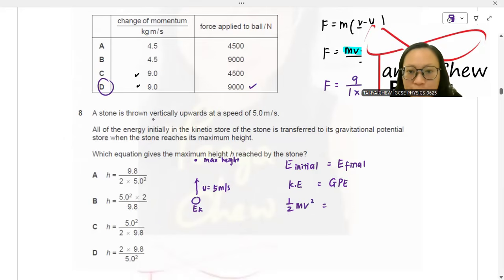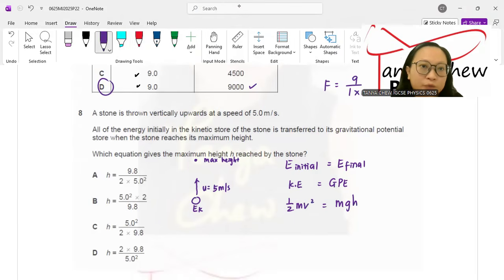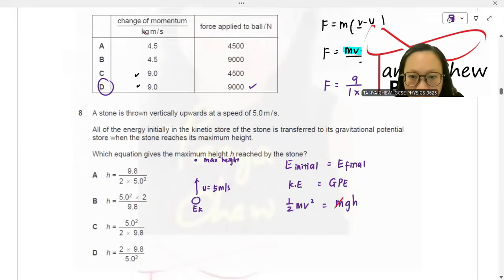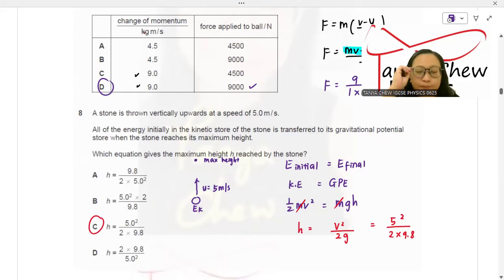Gravitational potential energy at maximum height is mgh. Could you see that you don't really need the mass of the ball? So m and m, you can just cancel off. I make h the subject. h is equal to v squared over 2g. v squared is your speed squared, so 5 squared, divided by 2 times 9.8. The answer is C.